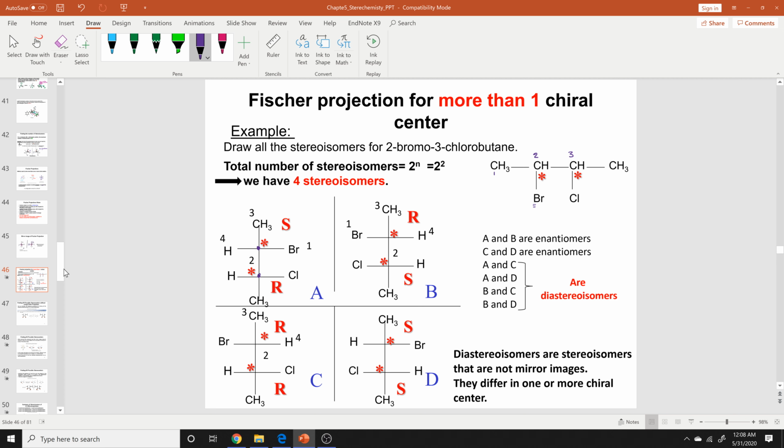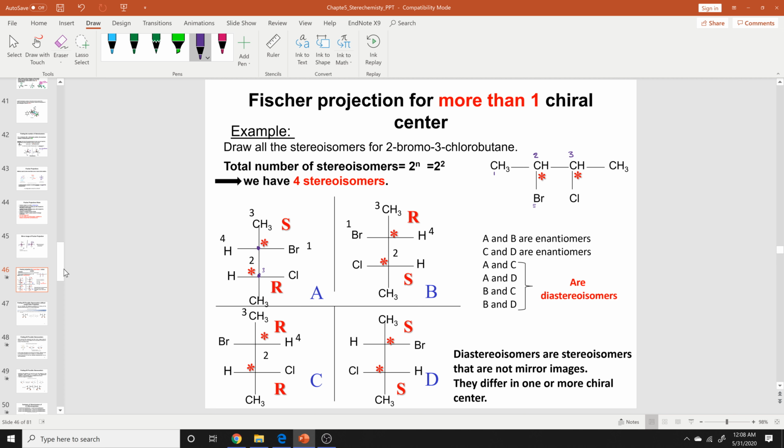So carbon 2 is connected to a hydrogen and the bromine. The hydrogen and the bromine, I'm just going to put along the horizontal line. And then carbon 2 is connected to carbon 3. This is carbon 3 over there. And then carbon 3 is connected to a CH3, and then a hydrogen and a chlorine. You can put the hydrogens and the bromines anywhere you want.